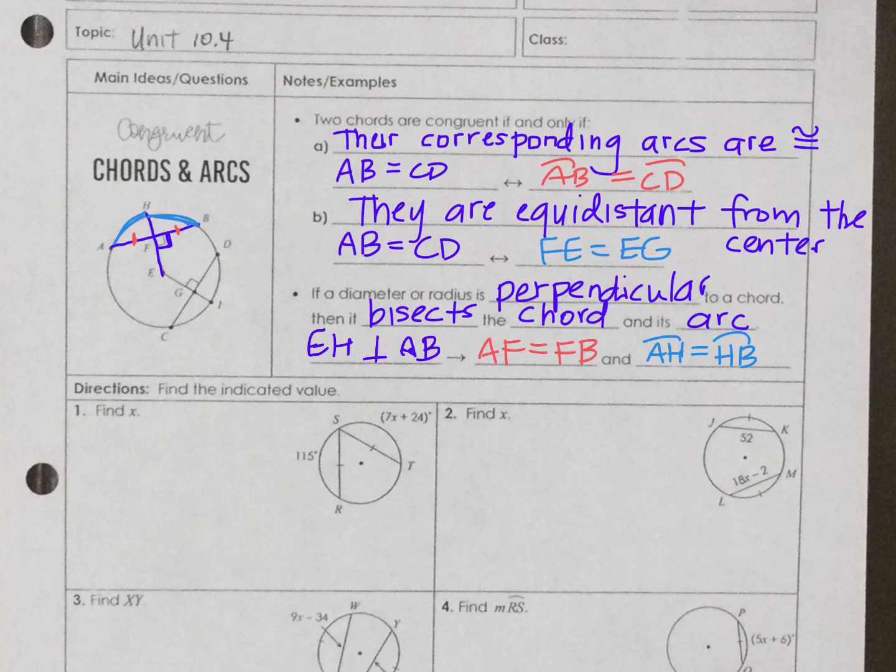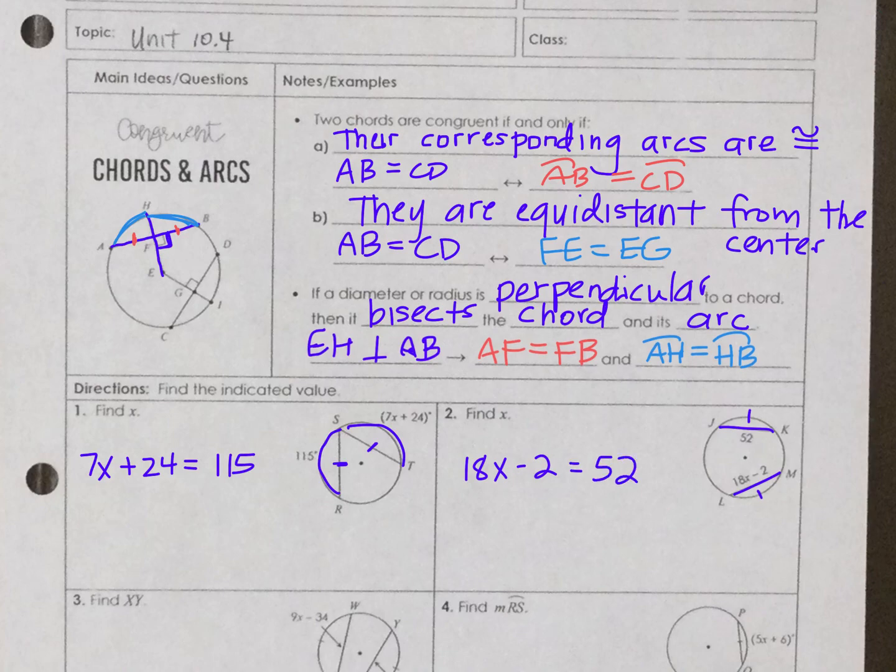So in number 1, I know that these lines are the same. It tells me these chords are going to be the same. So the equation I would set up would be 7x plus 24 is equal to 115, because those parts are equal. What about this one? 18x minus 2. We know if these arcs are the same, then these two chords are the same, equals 52.